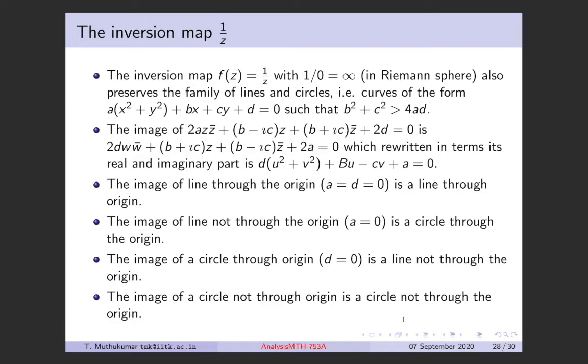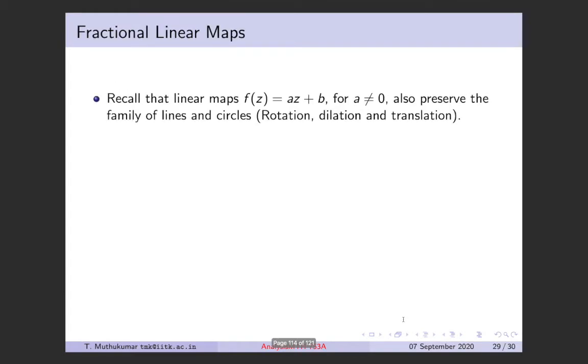But this is actually not something very new, in the sense that you didn't need 1 over z to tell you about these functions. There's a reason we consider this, but even the complex linear maps that you started with, az or even az plus b, satisfy these properties. If you take this map az plus b, this also preserves the family of lines and circles.